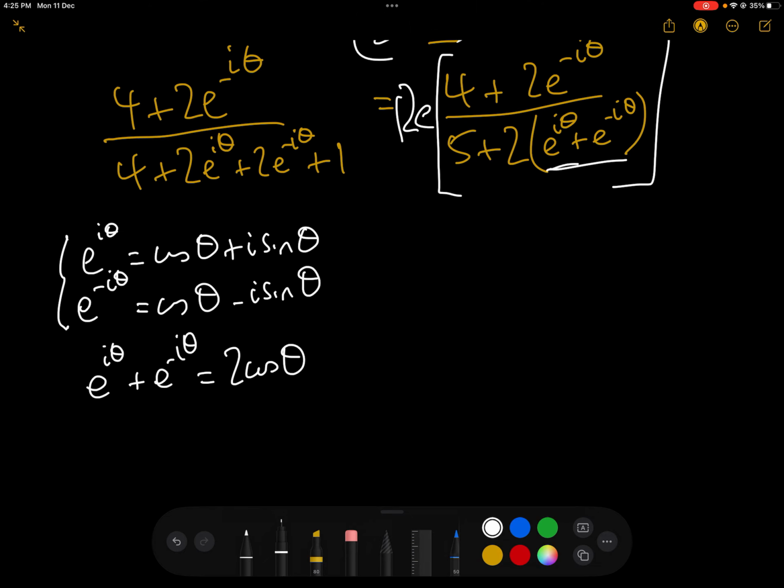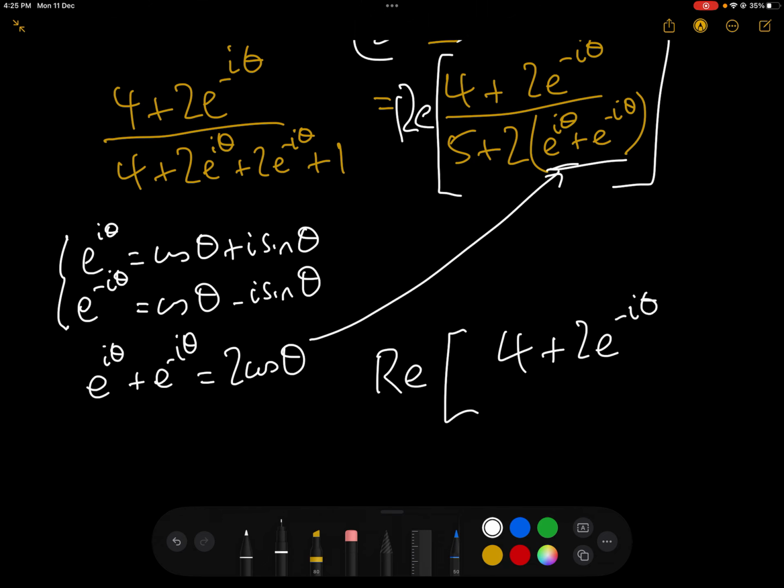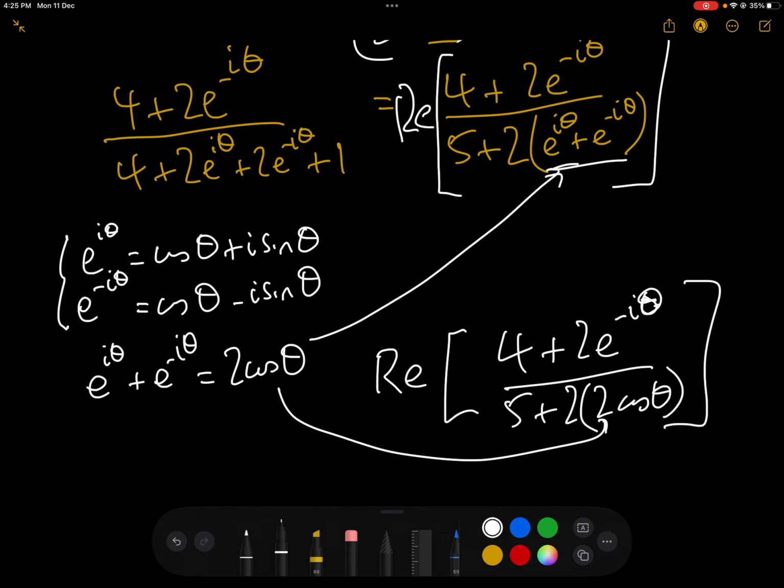So instead of e to the I theta add e to the minus I theta, we can put 2 cos theta. So now we know that our sum is the real part of 4 plus 2 e to the minus I theta over 5 plus 2 times 2 cos of theta.